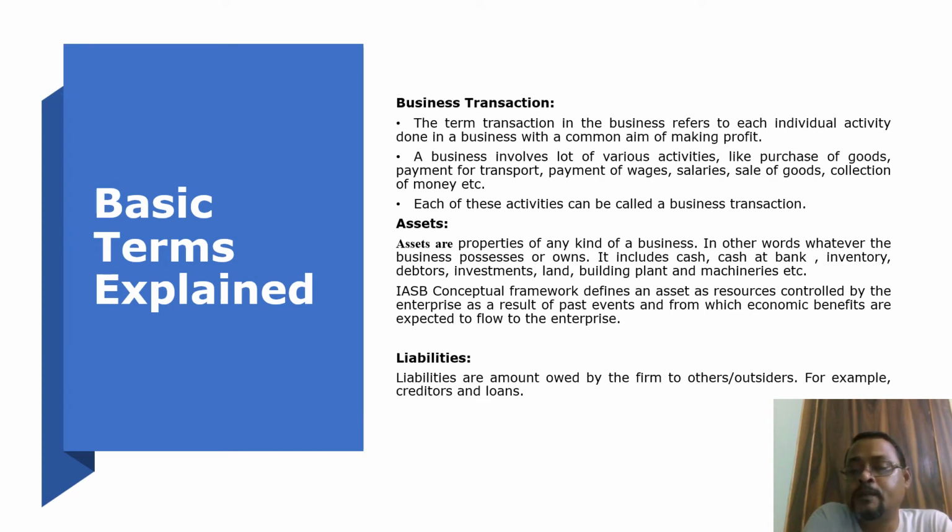It has to be paid as per the agreed deadline or timeline which has been agreed with the bank. So while assets are properties owned by the business, liabilities are amounts owed by the firm to outsiders.